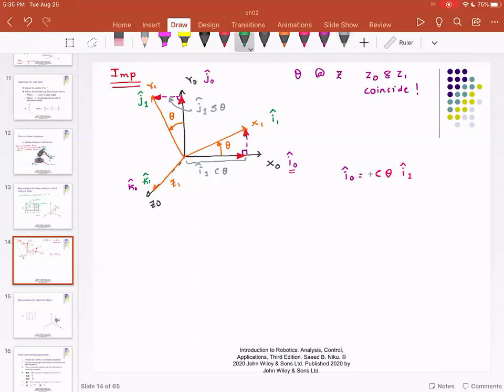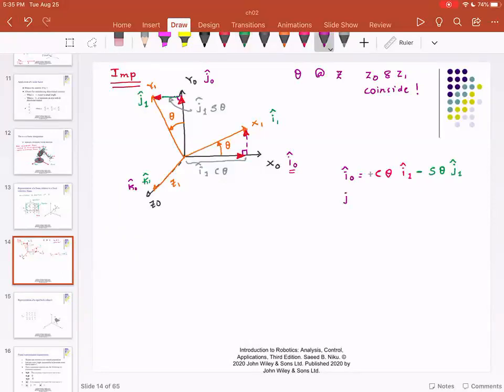But this vector, which is j1 sine theta, will become minus sine theta j1. Everybody with me so far? So this i0 has a cosine component of i1 and a negative sine component of j1.